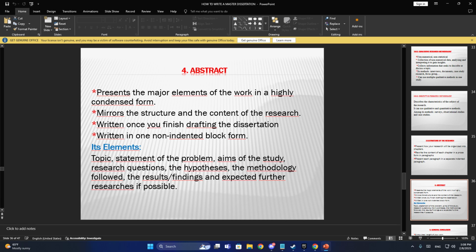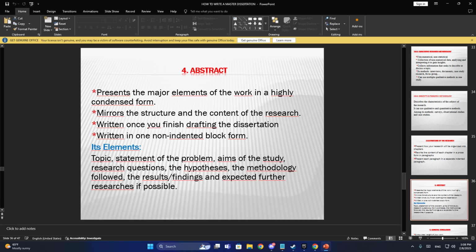This is what makes it better written after finishing the dissertation. It presents the major elements of the work in a highly condensed form. Of course, no more than one page, or half a page is going to be fair enough.